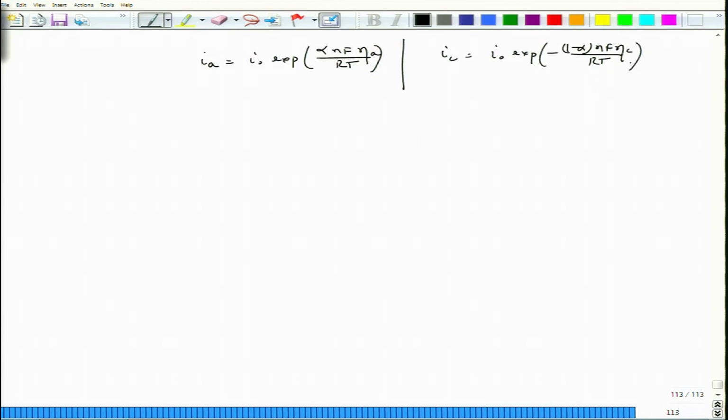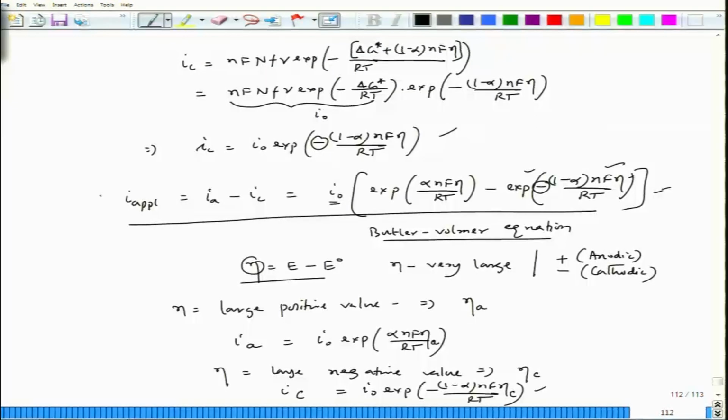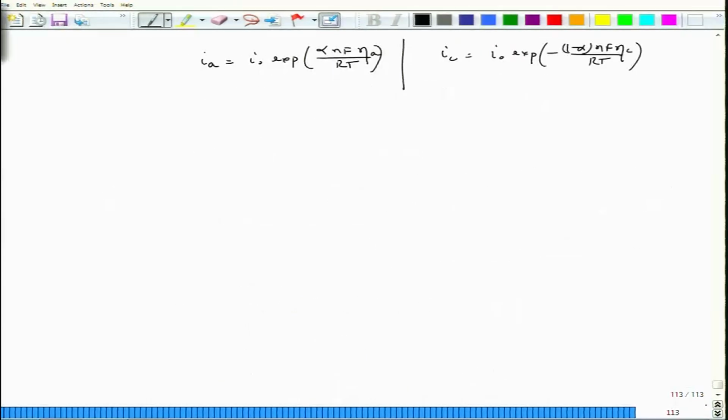This is valid when there is a large overvoltage, either cathodic or anodic. But when it is not large, then we have to consider I applied, which is not Ic or Ia for a small overvoltage.